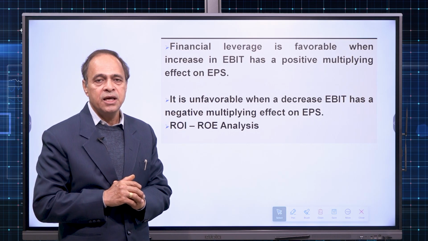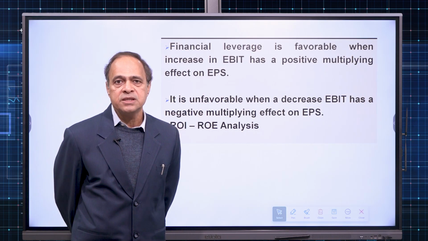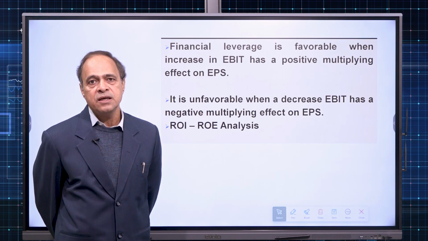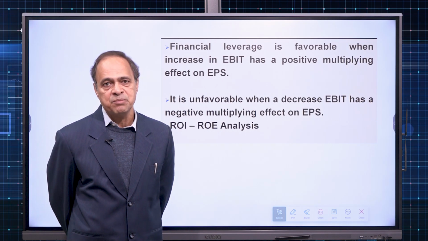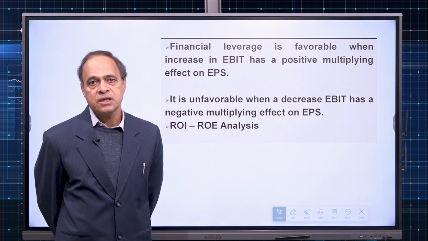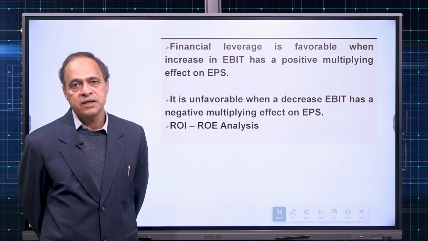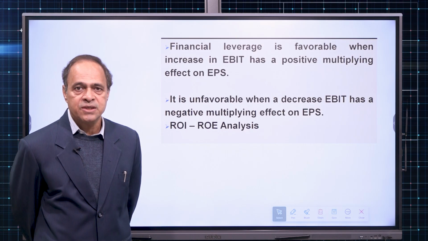That means if a company is likely to have a larger increase in EBIT, it can sustain more return on investment, ROI, a larger ROI, then definitely it can go for the leveraged capital structure.